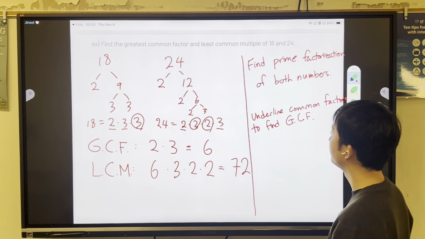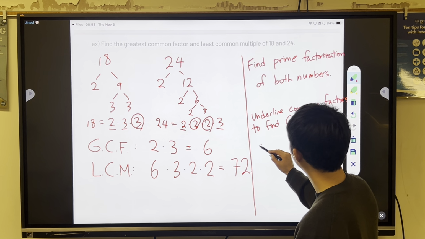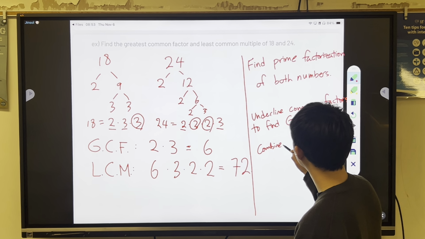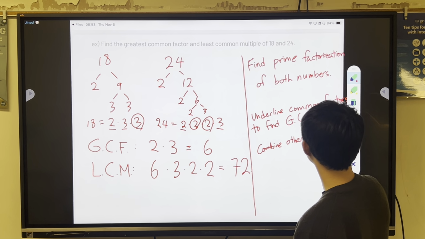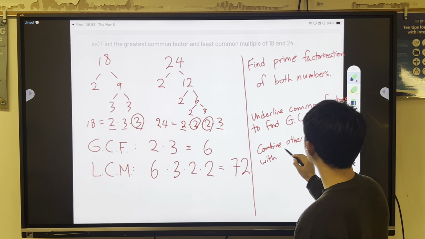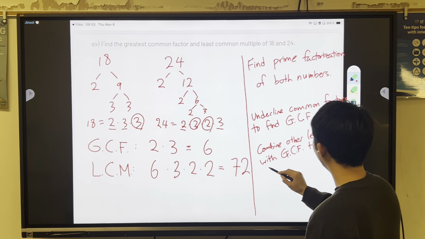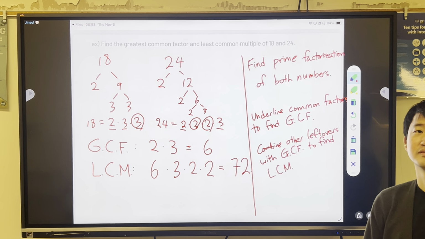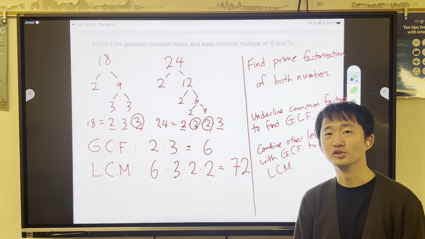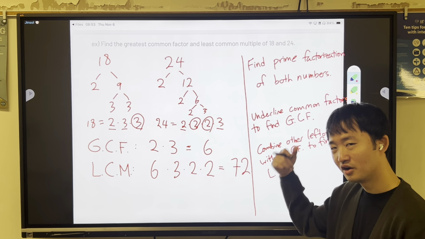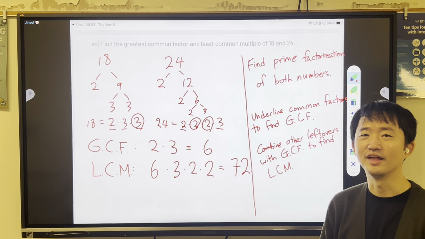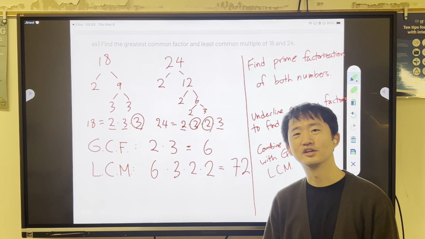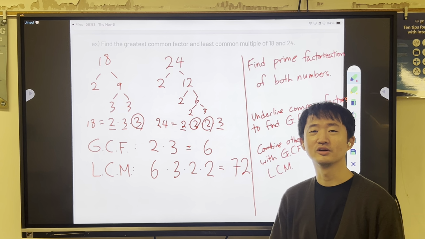And after we find the GCF, we combine the other leftovers with the GCF to find the LCM, the lowest common multiple. The names are a bit counterintuitive. The greatest common factor is always going to be less than or equal to any of the numbers, and the least common multiple is always going to be greater than or equal to any of the numbers.